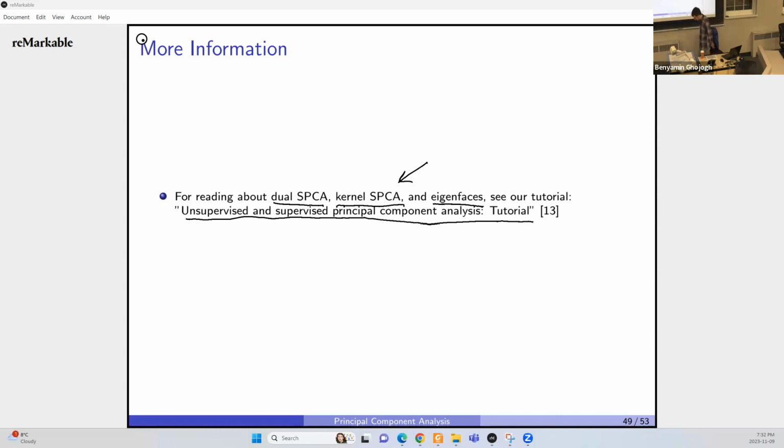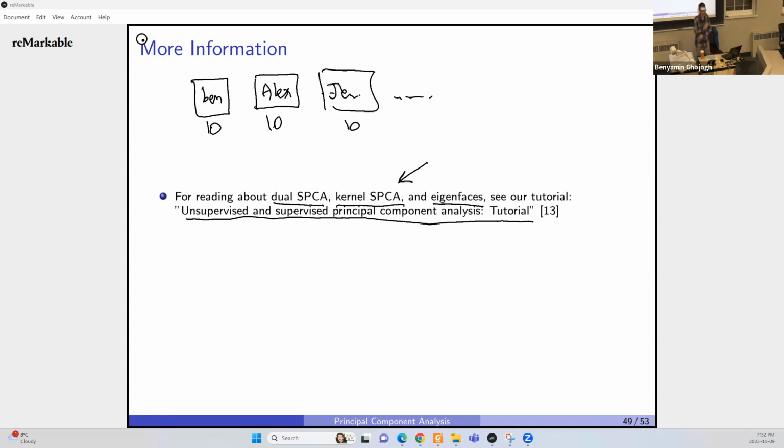So basically, assume I have facial images. I have 10 facial images of Ben, 10 facial images of Alex, Jennifer, etc. So this is my data set.